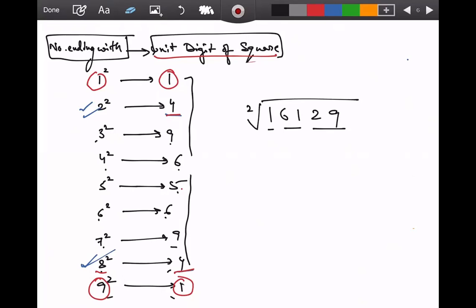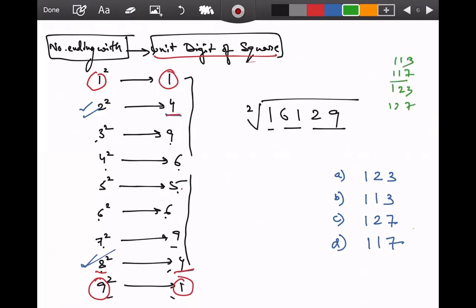Digital sum, if you want to do it, for example, I take 120 here. First of all, I'll write it like this. One way of doing it is this: 12 square is what? 14400.